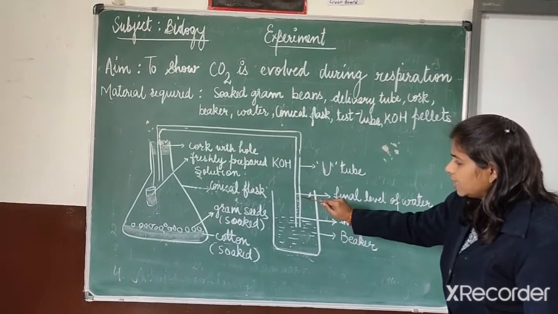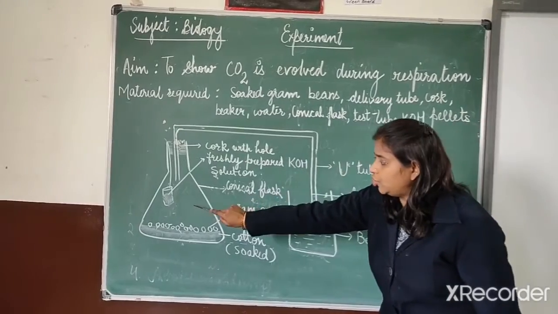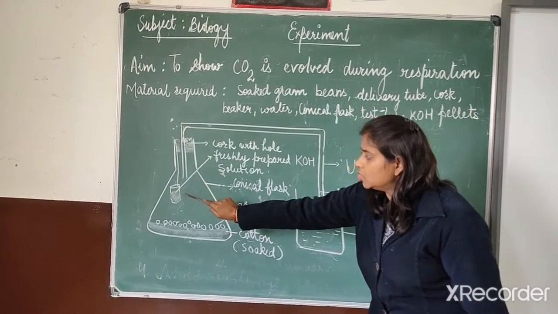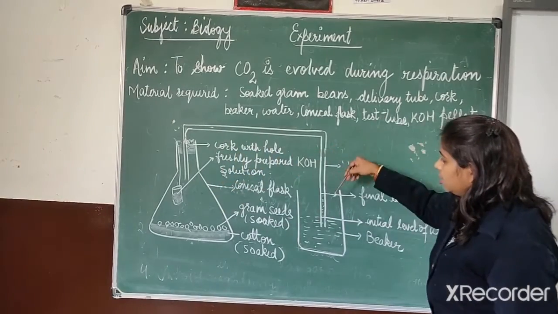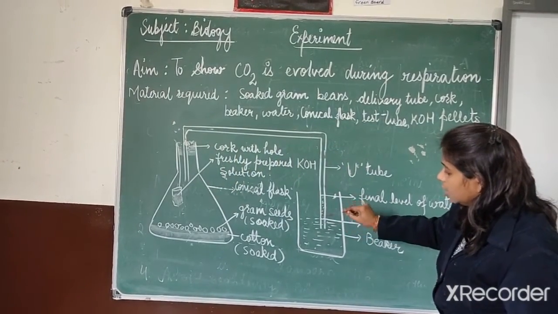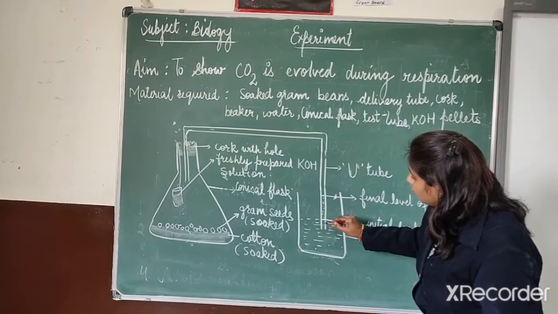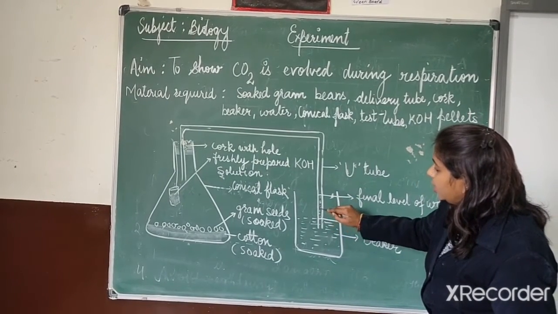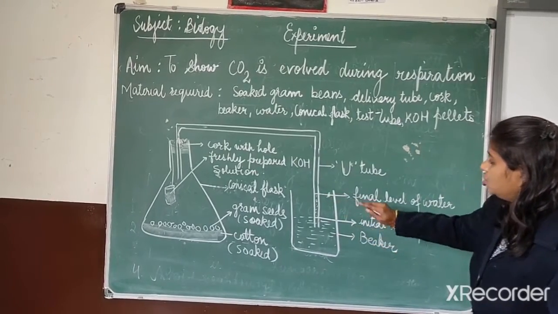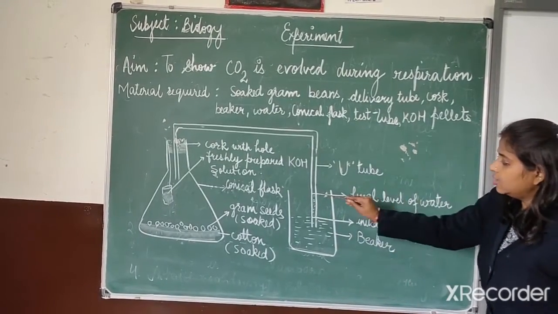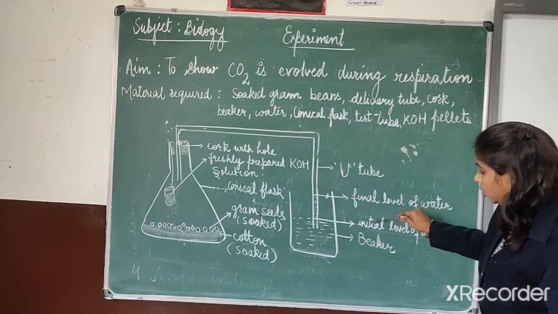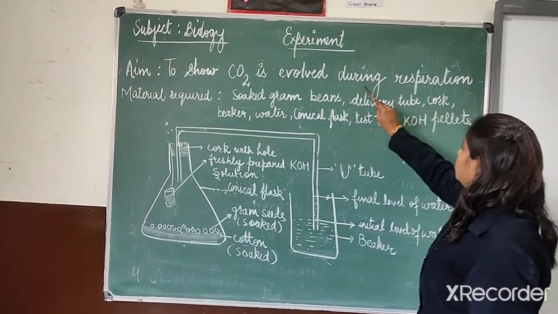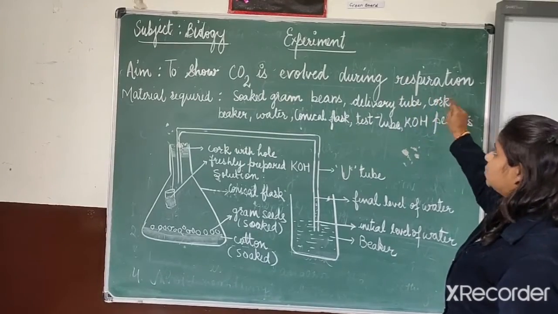Because carbon dioxide is absorbed by KOH, a vacuum is created. This vacuum will draw water. The water will move up in the delivery tube, raising the level from initial to final. And this final level will tell you that carbon dioxide is evolved during respiration.